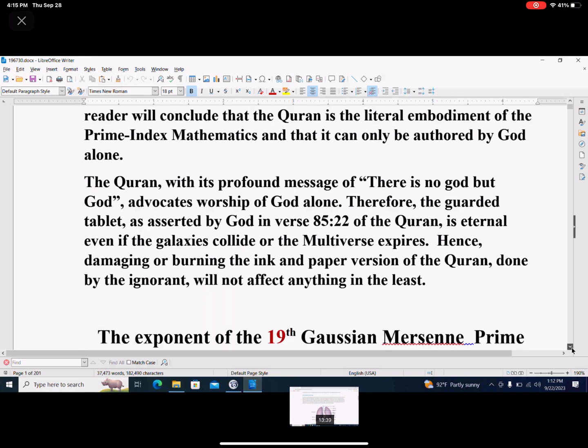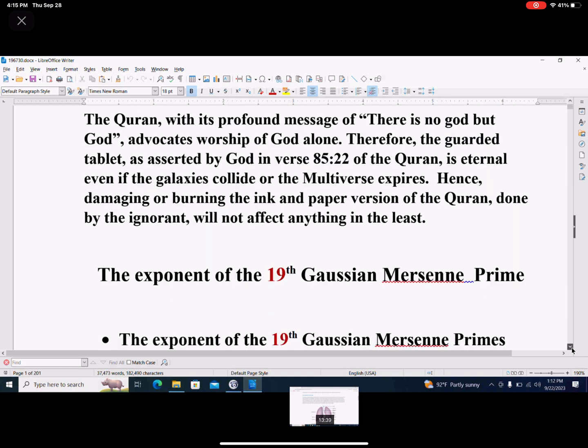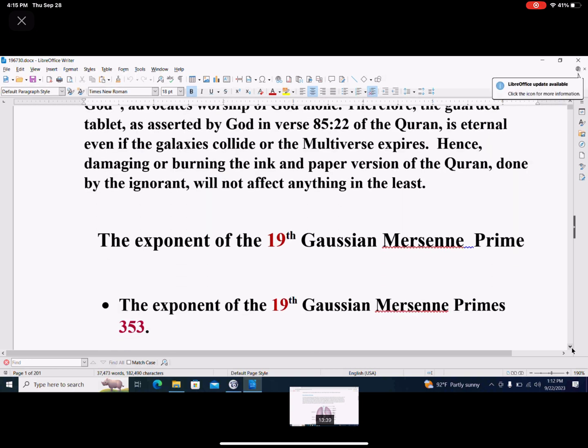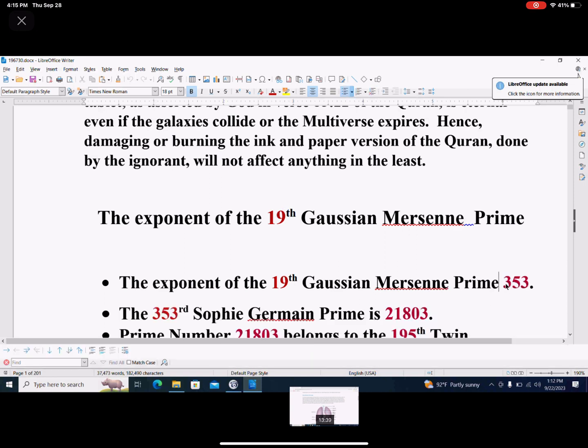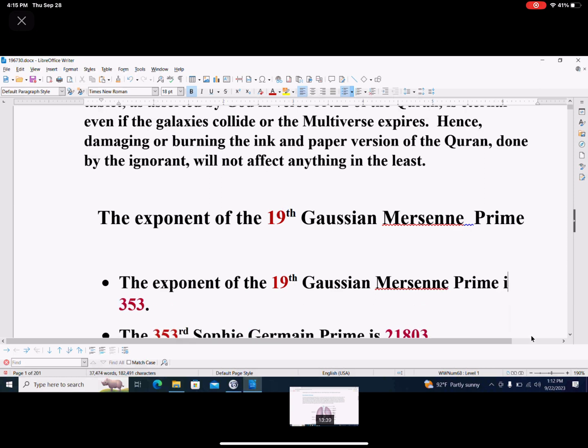Okay. So what I want to talk to you today about is the exponent of the 19th Gaussian Mersenne prime. The exponent of the 19th Gaussian Mersenne prime is 353.